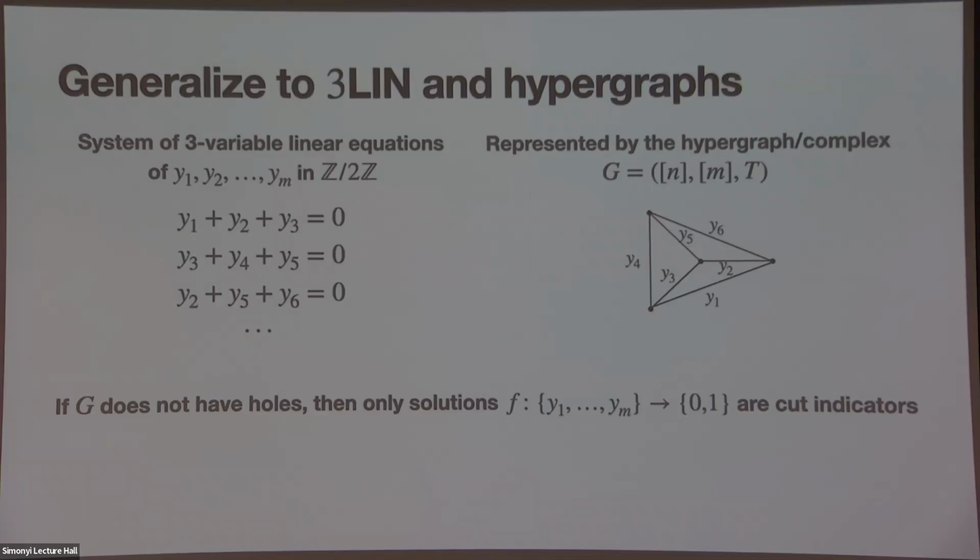If G doesn't have holes, then the only solutions to the system of linear equations are indicators of cuts in this graph. Cuts are just subsets of edges where after removing them, we disconnect the complex.